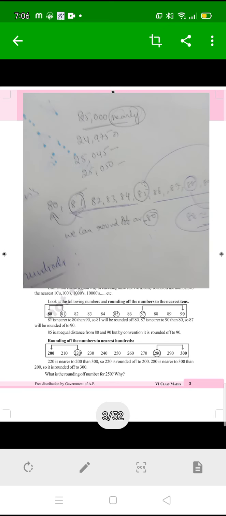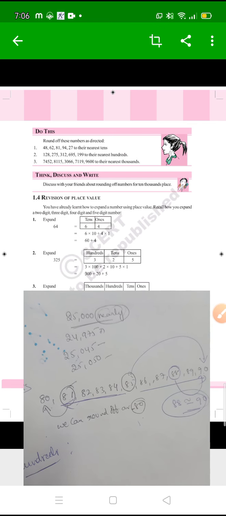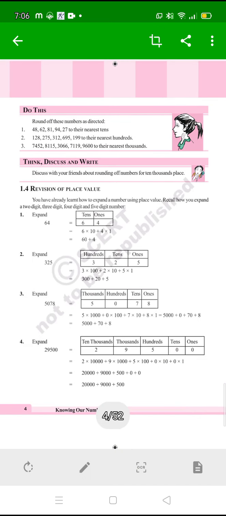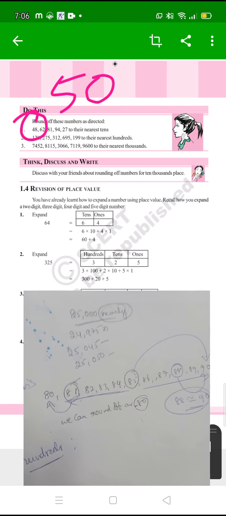Next, move to round off these numbers as directed. 48, how do you round off this one? 50. Okay.